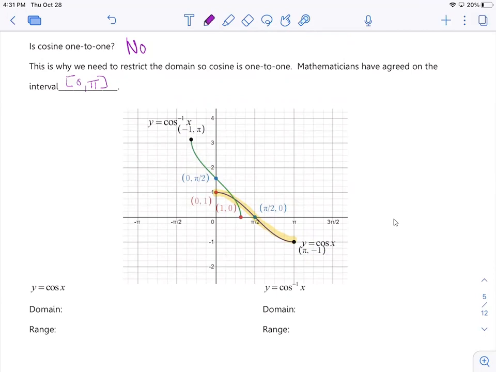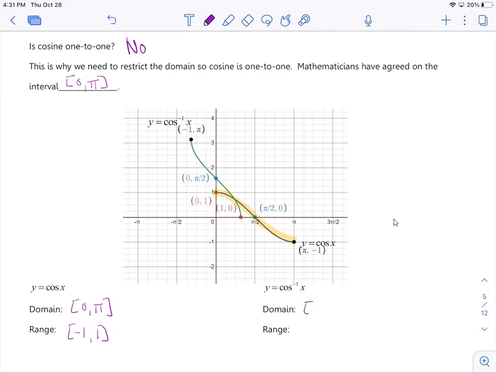All right, well, our domain, we already agreed, was from 0 to pi for our cosine function because we just want to look at that piece. Now, if we were talking about cosine in general, it would be negative infinity to infinity, but because we restricted it. And then our range, again, we can just look at our graph, is from negative 1 to 1. Well, the inverse, we don't even have to think about it.